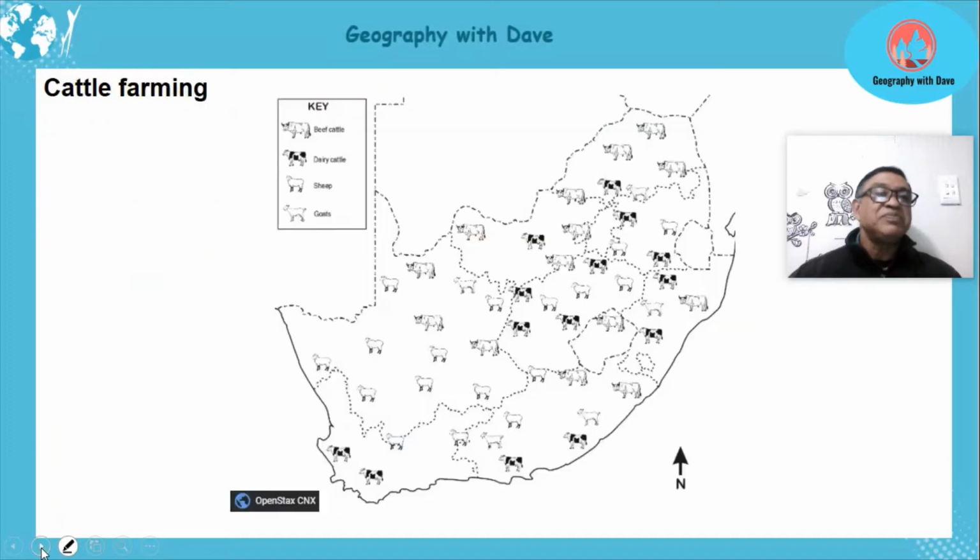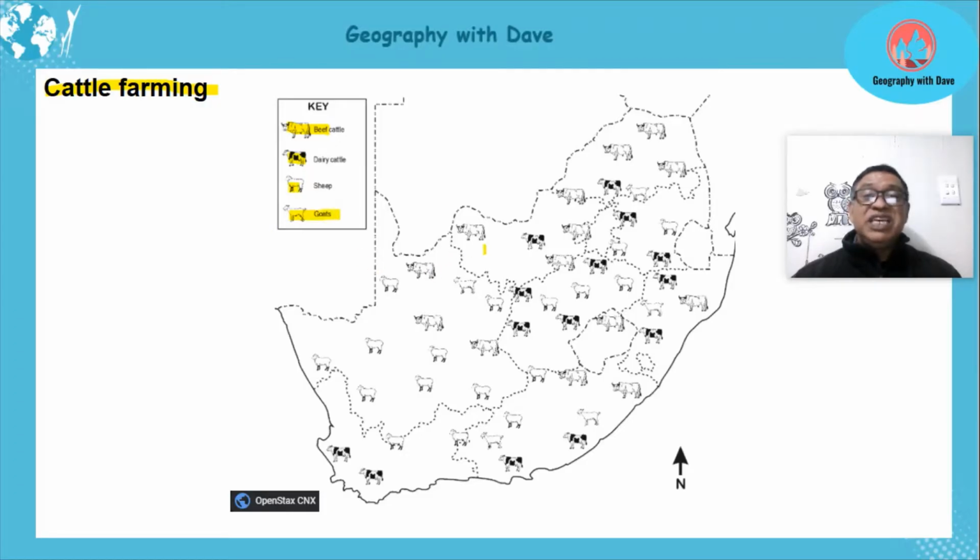Now we're going to start off with cattle farming. If you look at each symbol here, that's beef cattle, dairy cattle, and then we've got sheep and goats.